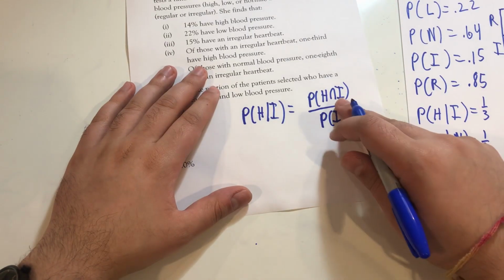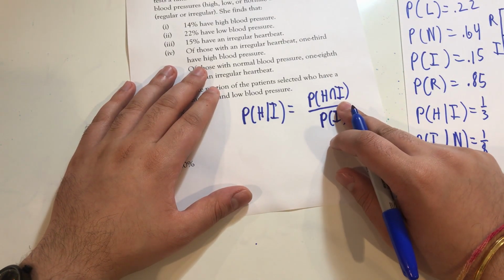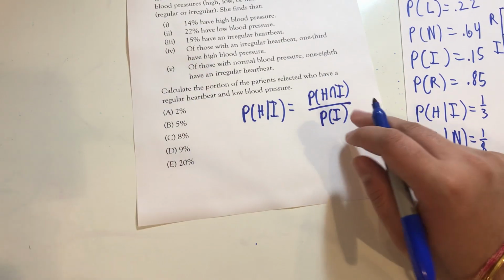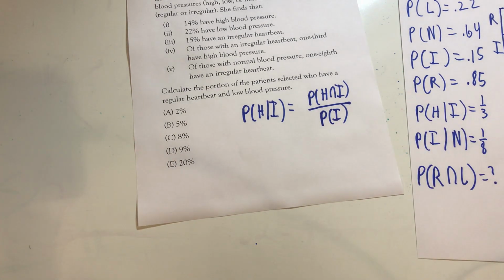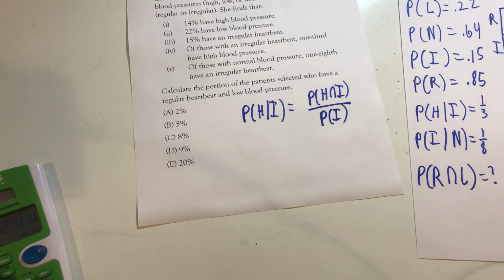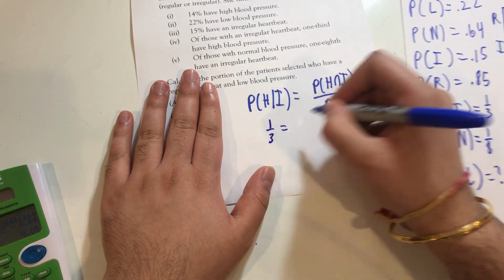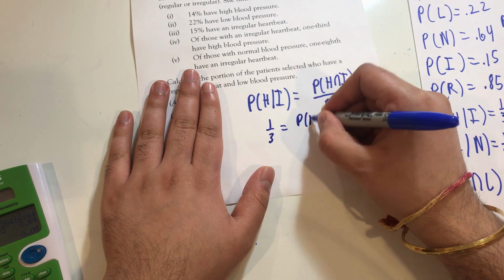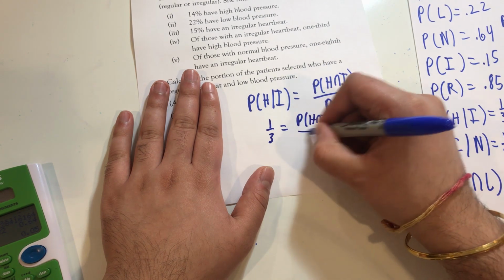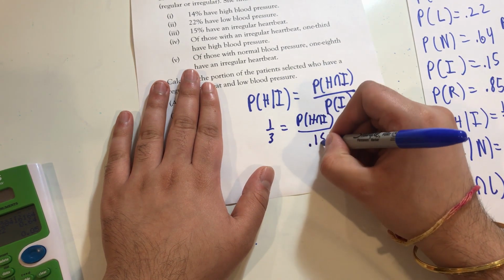And we get the probability of having high blood pressure and an irregular heartbeat is, let me just check, 1/3 times 0.15 is 0.05, right? Just to do that out, so 1/3 equals probability of H and I over 0.15.